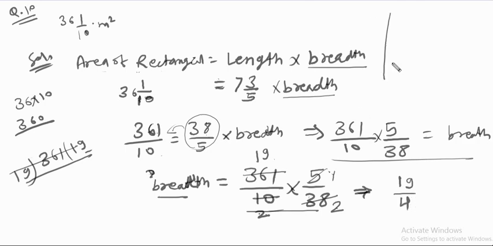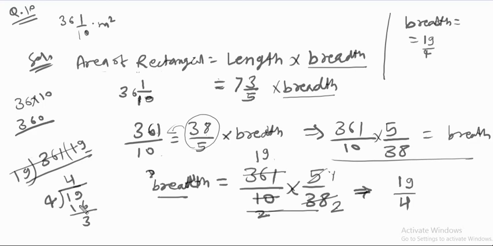So our breadth is equal to 19 upon 4. Or if you want to transfer it into the form of a mixed fraction, then you can write it this way. 19 divided by 4. 4 4s are 16 and 3 will remain.